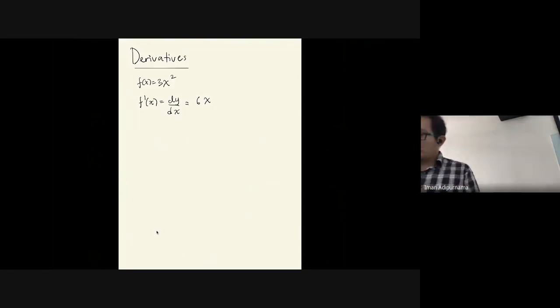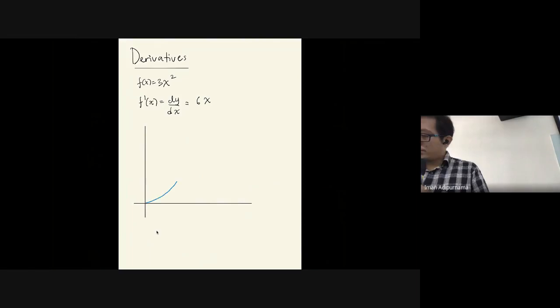So imagine you have a graph. The graph is like that. This is f of x.